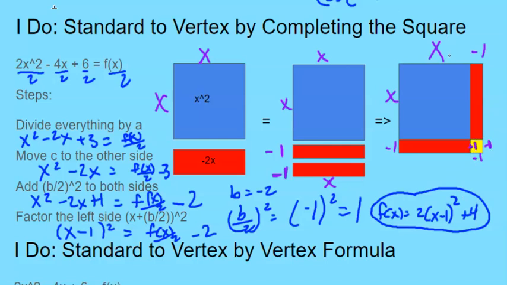So your factored form would be x minus 1 and x minus 1. x minus 1 squared. And then from there, you would just add the 2 back over and multiply everything by 2. You get the same thing.